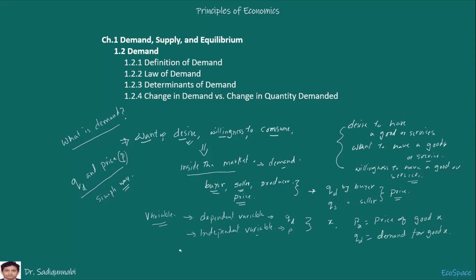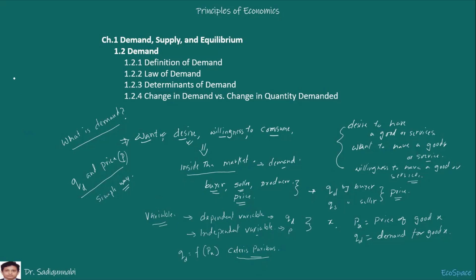It's called QD is a function of Px, and you can call it ceteris paribus. I will explain what you mean by ceteris paribus.